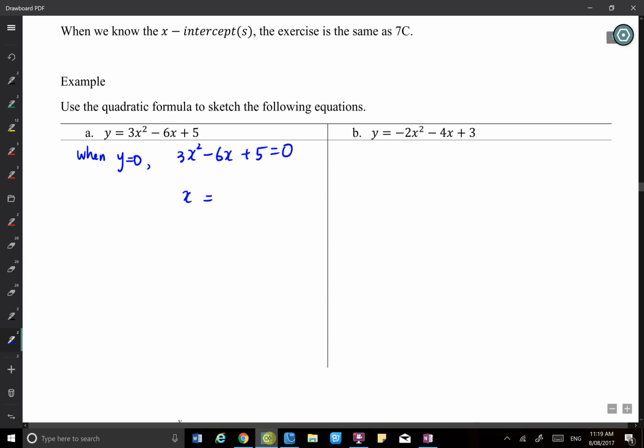x will be minus b, which is plus 6, plus minus square root b squared, which is 36, minus 4ac. What's 4ac? 15 times 4, minus 60, over 2a.